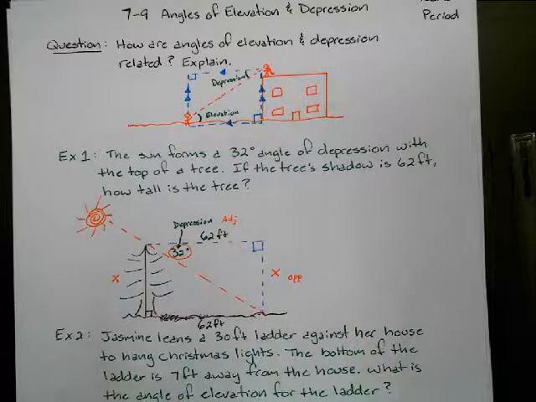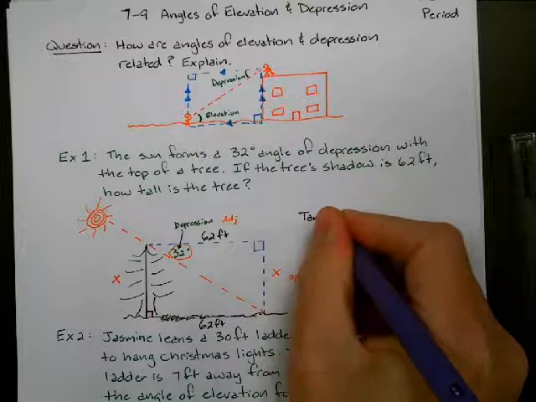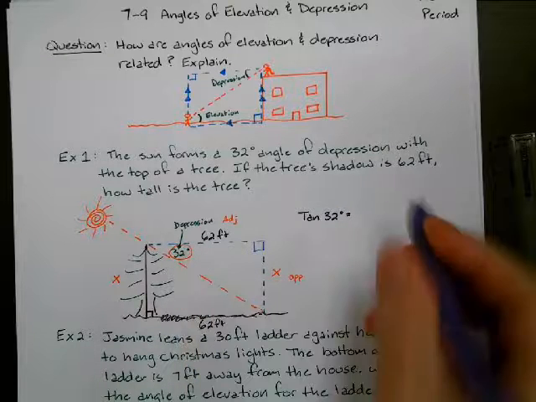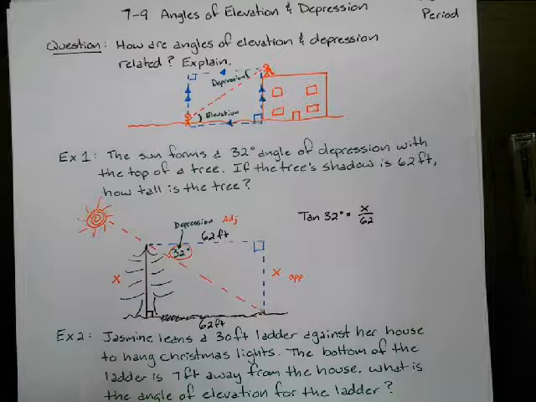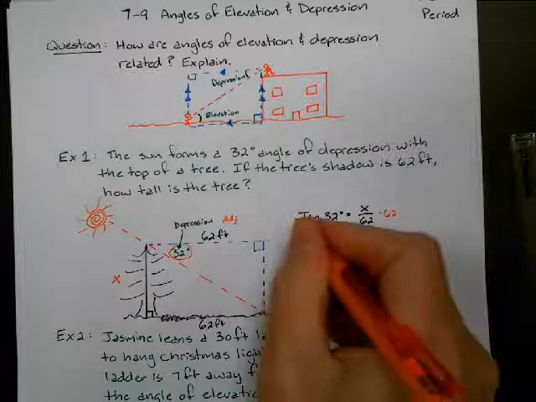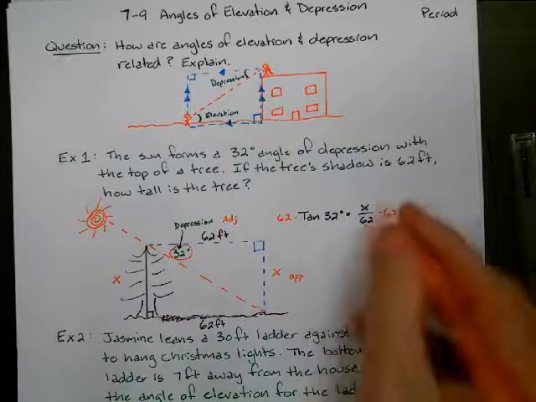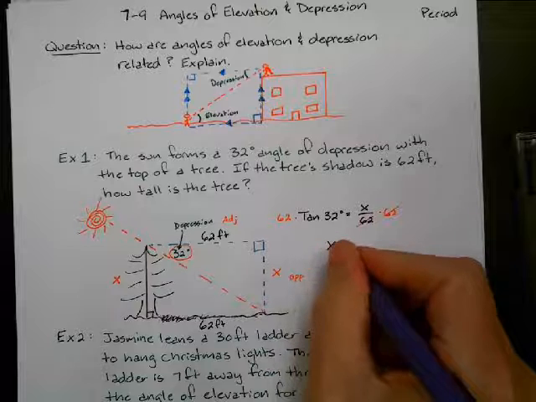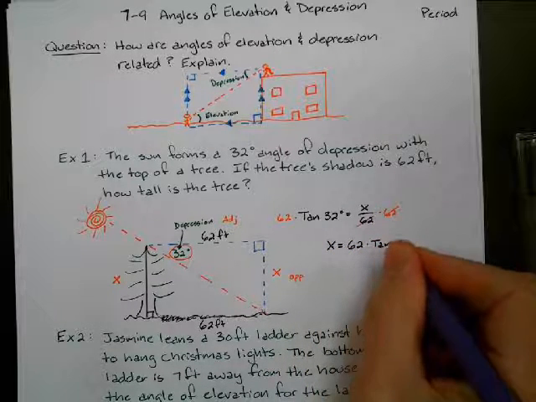So I'm going to do the tangent of 32 degrees equals x over 62. I want to get x by itself, so I'm going to multiply both sides by 62, and that will reduce right there. So I get x is equal to 62 tangent of 32 degrees.